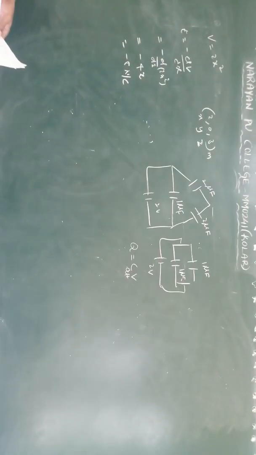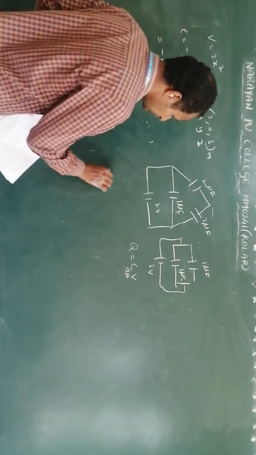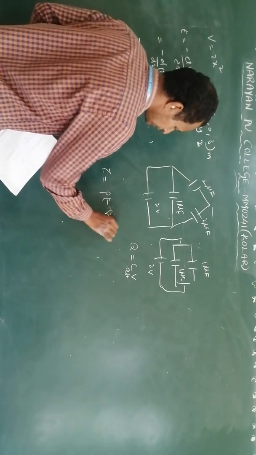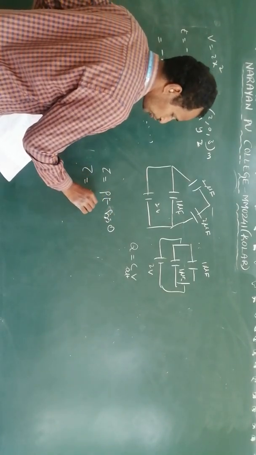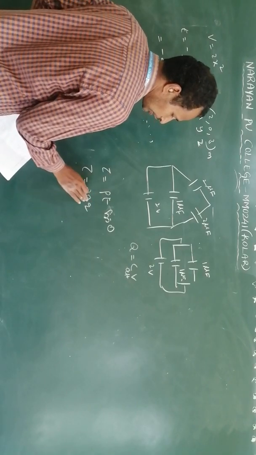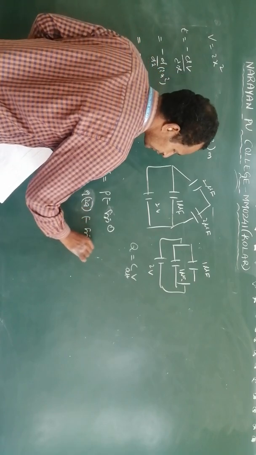Next, 24. An electric dipole is placed at an angle of 30 degrees with an electric field intensity of 2 into 10 power 5 Newton per Coulomb and experiences a torque of 4 Newton meter. Find the charge on the dipole. The dipole length is given. This is a direct question. Torque is given. Torque is equal to, what is the formula? PE sin theta. Right? Torque is equal to, P is what? Q times 2A, dipole length, times E sin 30.